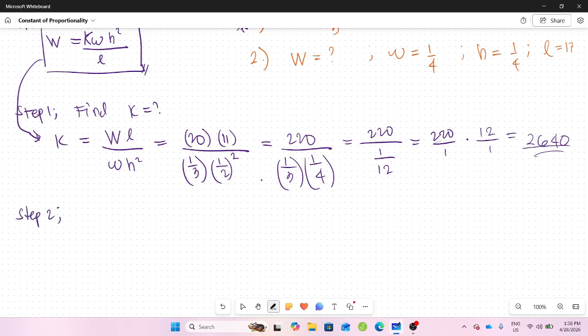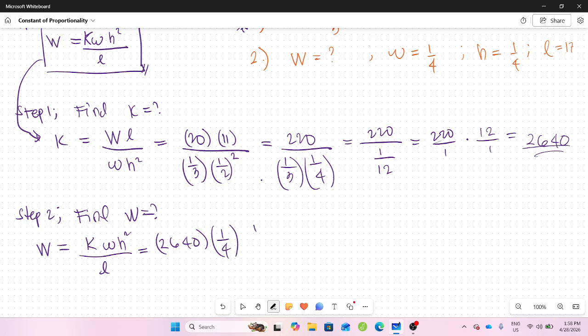So step number two, find W. So going back to our first equation, the weight equals k times the width times the square of the height over the length. k is 2640 multiplied by the width, which is 1/4, times the height, which is 1/4, squared, divided by L, which is 17.